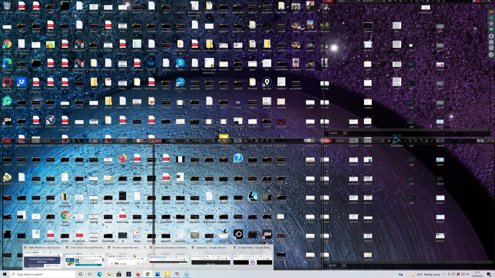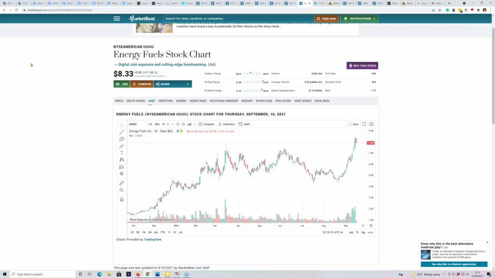Those of you who have been coming along regularly will know we've been looking at different ways of being able to filter and sort stocks to trade, using all sorts of free resources that are out there.